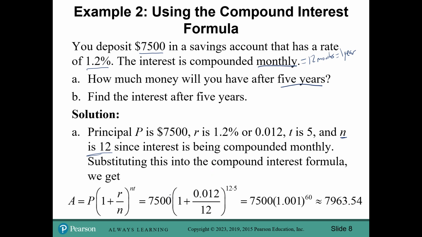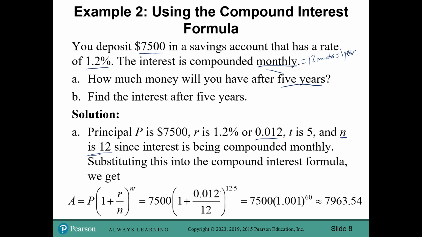The P was 7,500 times 1 plus the rate here, which was 0.012. That's directly from our problem, based on the 1.2% rate, divided by the n, which we determined to be 12 because we were doing it monthly.